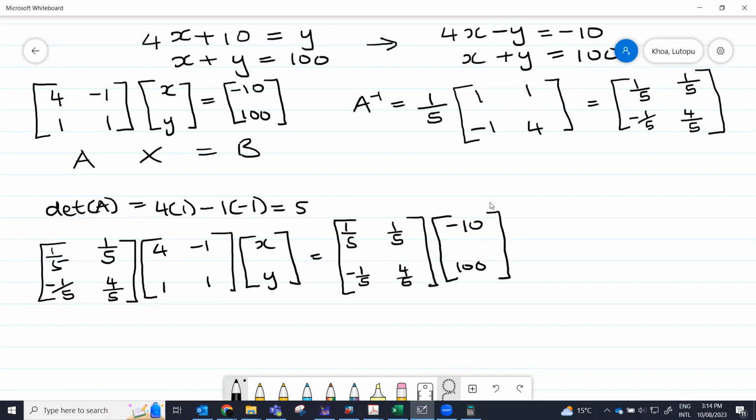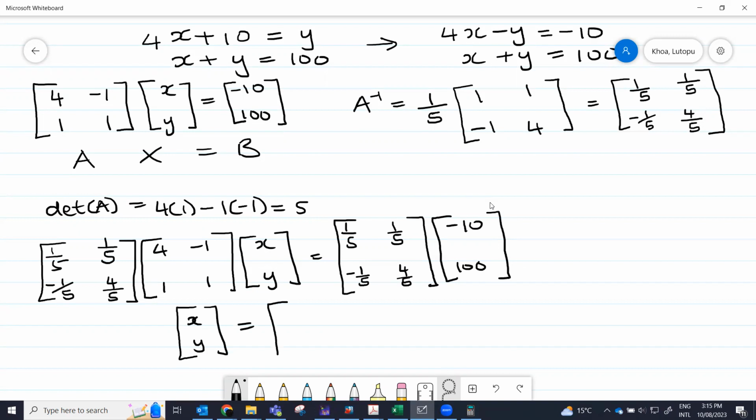Here, when we multiply rows with columns, we will get the identity matrix, and the identity matrix multiplied by this one just gives X and Y.